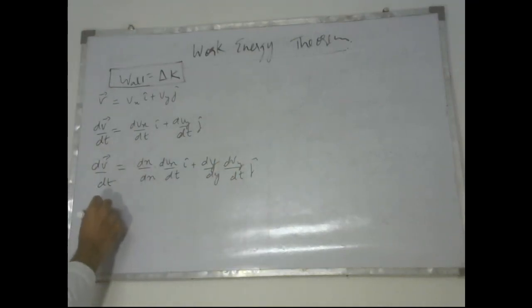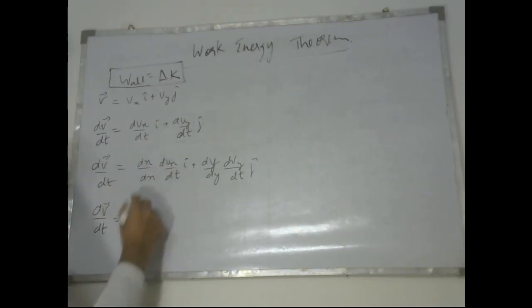So we get dv by dt. Now we can take dt over here, so we can divide dt with dx. So dx by dt comes out to be vx, and this comes out to be dvx by dx.